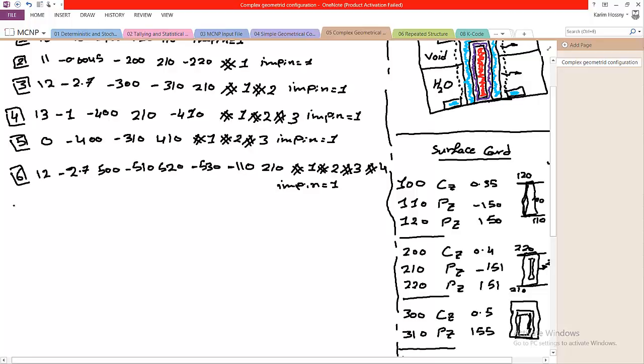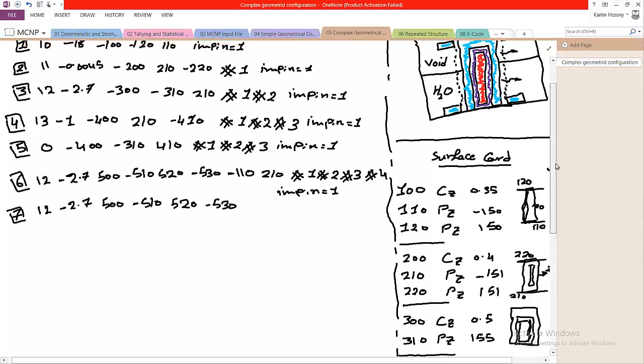Then after that, the cell 7 will include the void. Sorry, it's probably the void. We are describing the support plates. Also 12 is 2.7. Let's say 500, negative 510, 520, negative 513. Let's check the z.